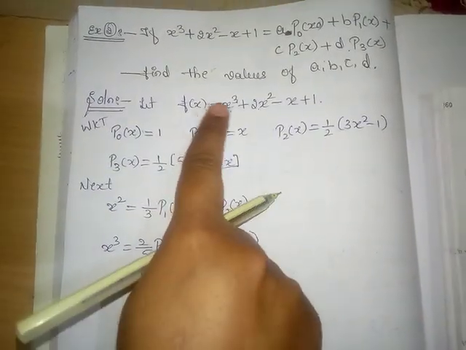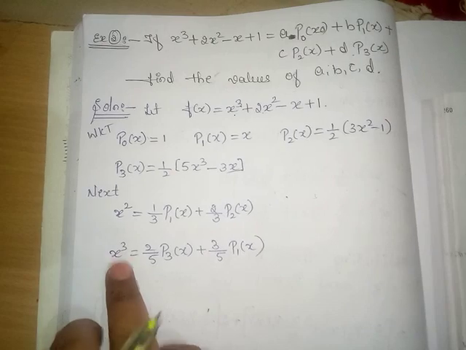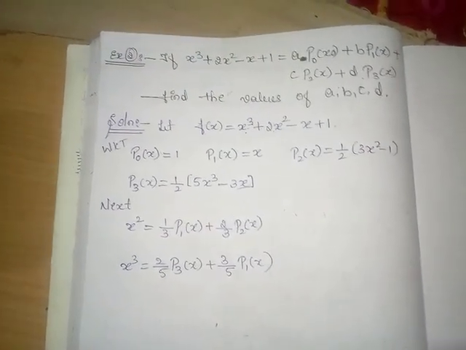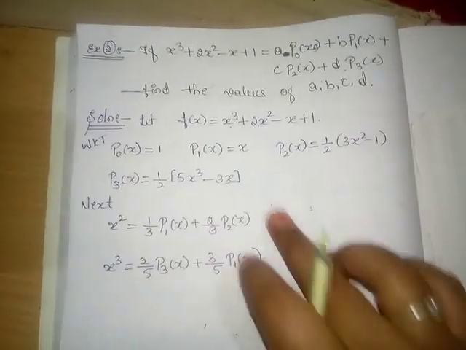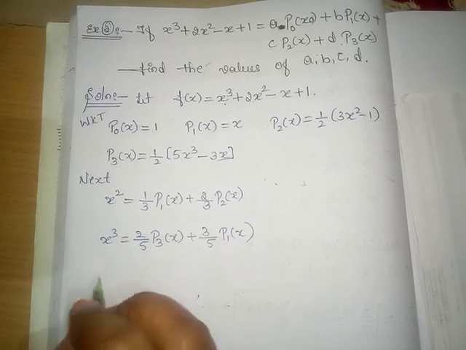Here we have the terms x cube and x square, so we have to write x square and x cube in terms of Legendre's polynomials.